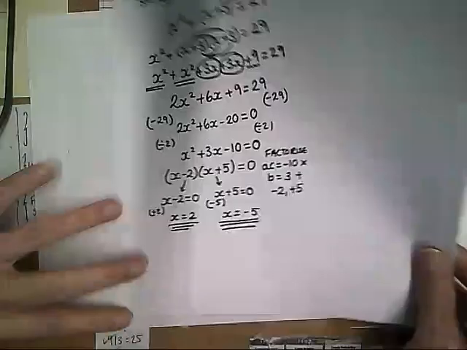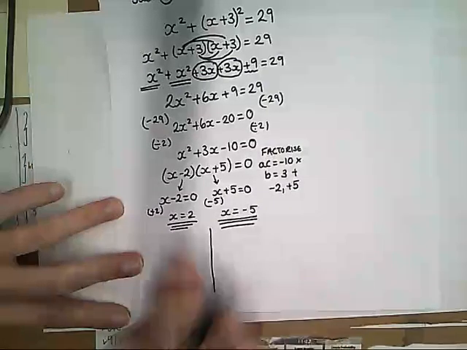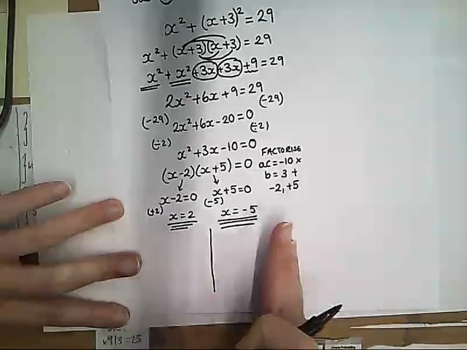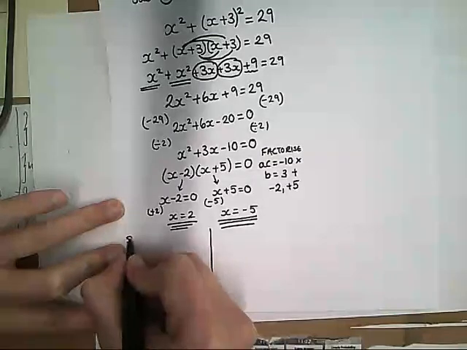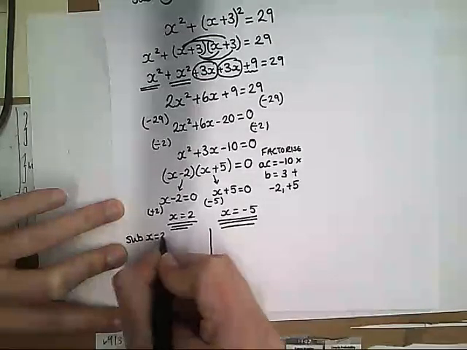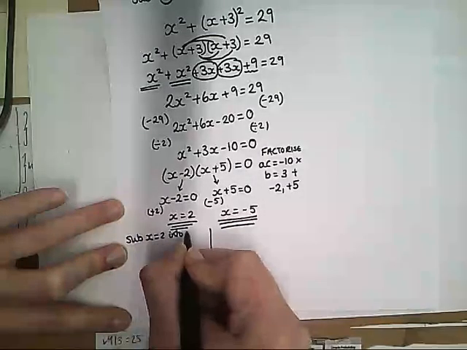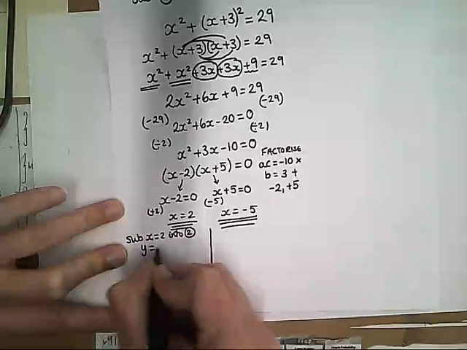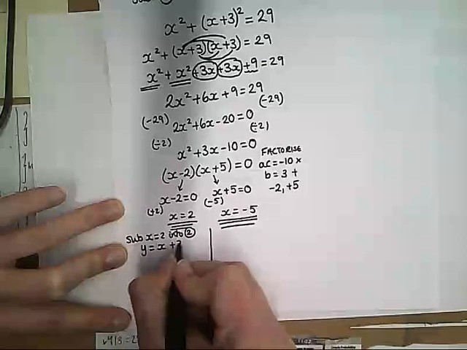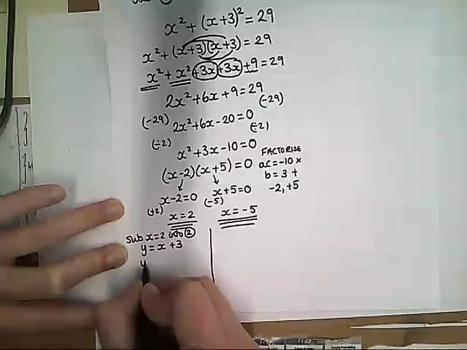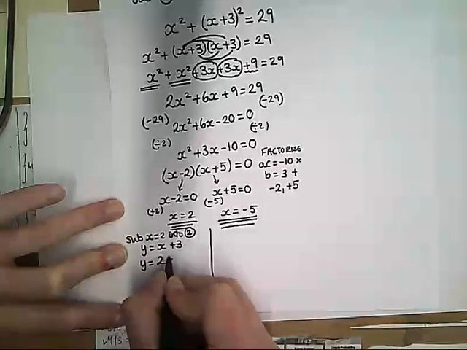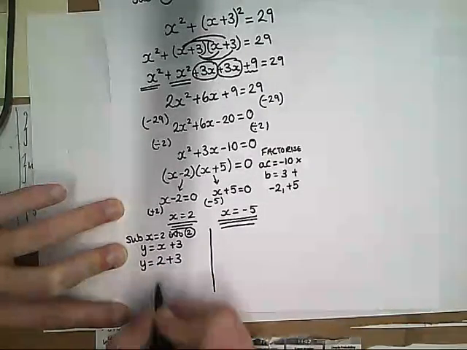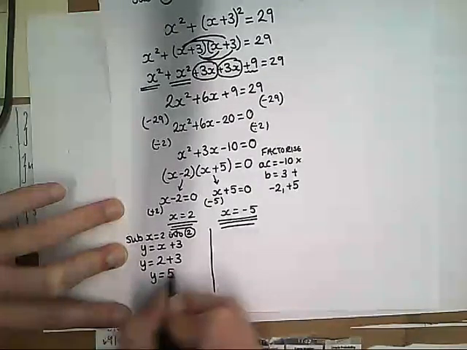Okay, so I'm going to split this in half so that you can see that we're doing it with the 2 and then with the minus 5. So we're going to sub x equals 2 into equation 2, which is y equals x plus 3. So y equals 2 plus 3, which makes y equals 5.